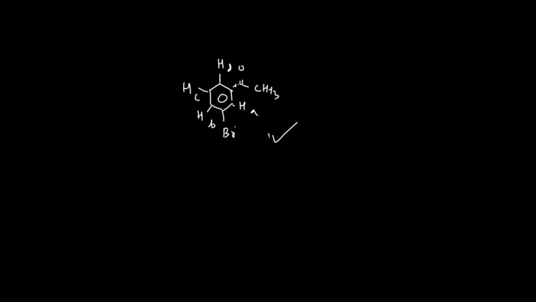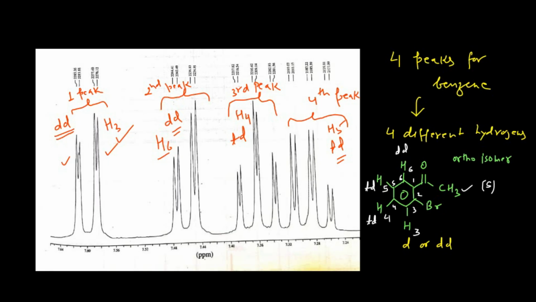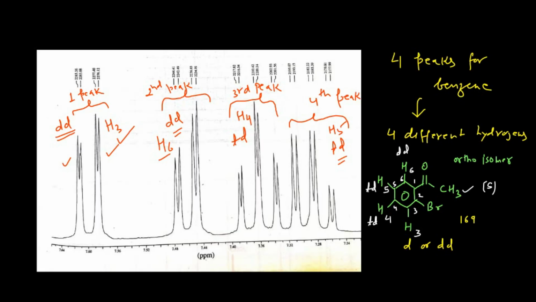The answer comes from IR spectroscopy, right? IR spectroscopy in this case is very important in order to decide the structure. In the question itself it is given that for this particular compound the IR stretching frequency for the carbonyl is 1698 centimeter inverse.